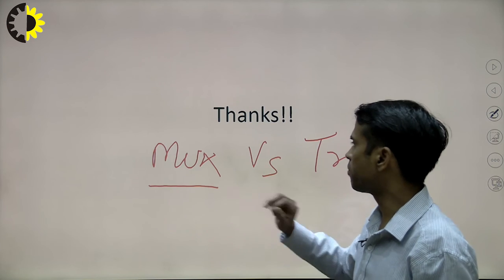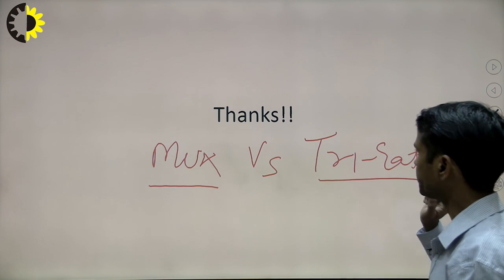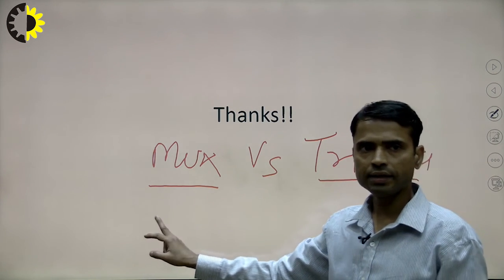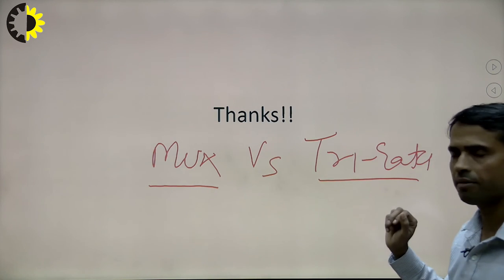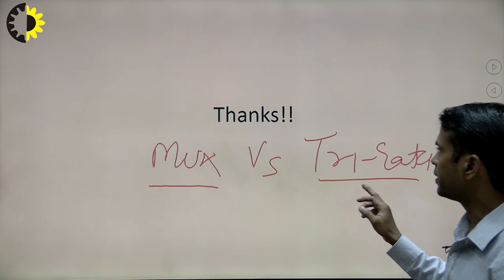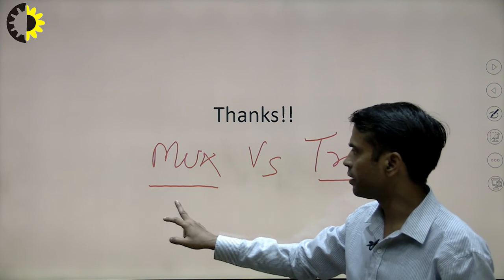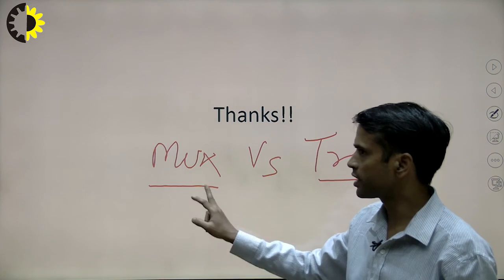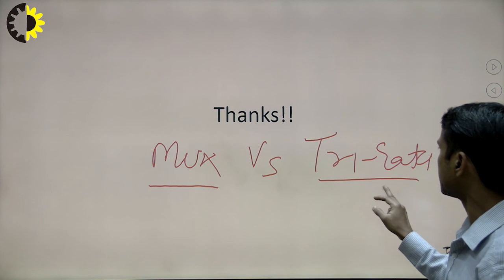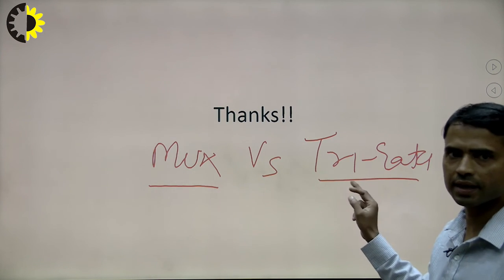This one is a bit complex, this one is a bit easy. There are many circuit elements, there are very few circuit elements. This is higher energy consuming and this is less energy consuming because the number of circuit elements is less.